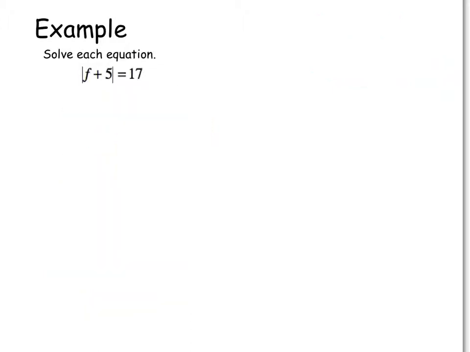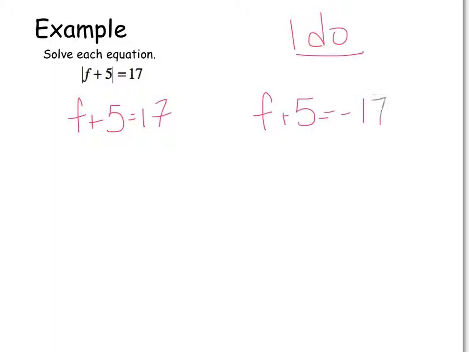Alright, this one is going to be an I do. Now this one has an equal sign. So what were those instructions that I gave you at the very beginning of the lesson? It said to isolate your absolute value. Well, in this case, I don't have anything to the left or to the right of my absolute value, so I'm going to go ahead and start with my next step. My next step said to drop the bars and set one side equal to a positive and the other to a negative.